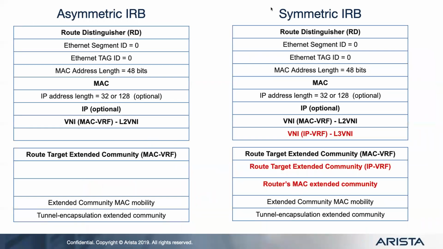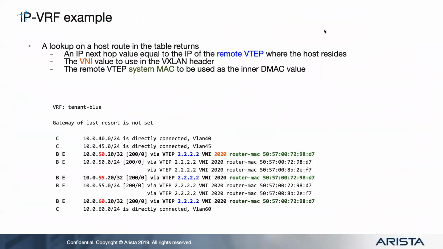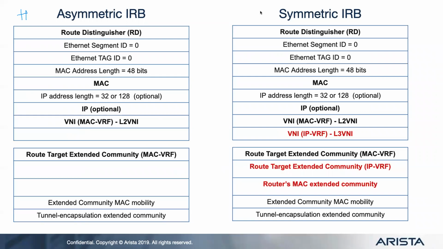Now, this is the difference of the type 2 route, if you compare this. This is asymmetric type 2 and this is symmetric IRB type 2, okay? What you will see here is there are extra fields. You have the L3 VNI added in the symmetric IRB type 2 route.